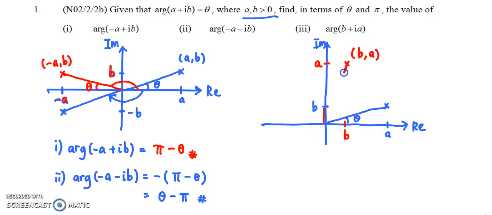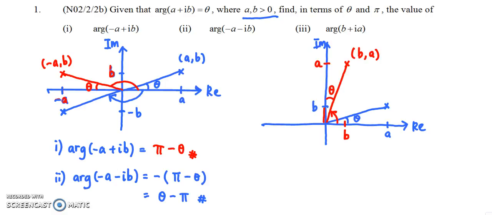And therefore, if we would like to find the argument of this new complex number, it is clear to us that the argument is the angle this big. But what is its relationship with the original complex number that we are dealing with? Now you can see that this particular angle here is equal to theta.